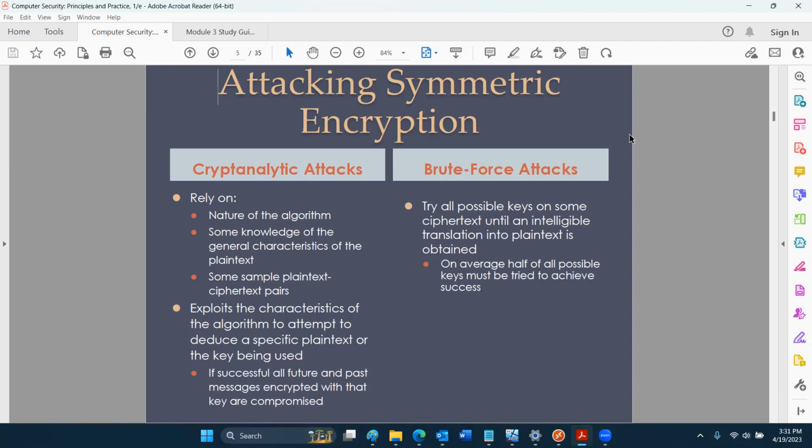And when they get an encryption result that's similar to what was captured, then they can assume they've found it. It takes a lot of work. A brute force attack takes a long time, okay? So basically, at least half of all the possible keys must be tried to achieve success. And that's a basic but really tedious process.